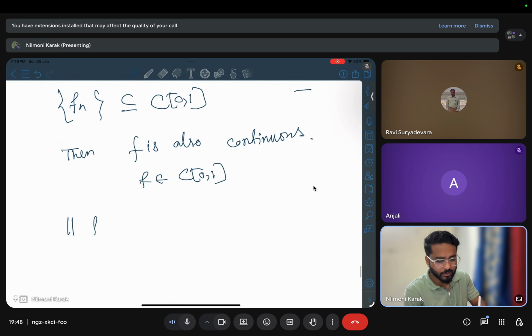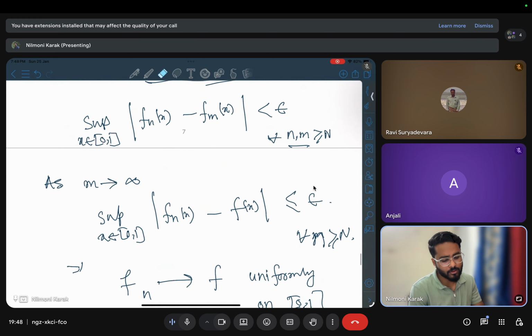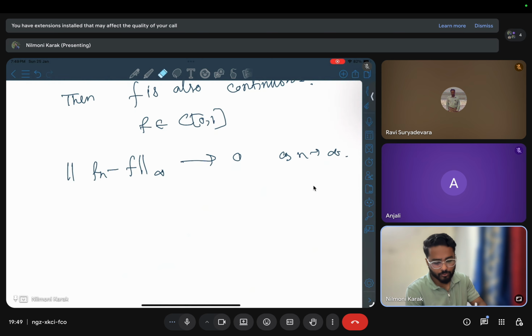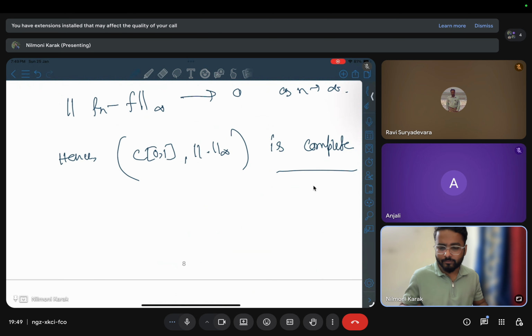So finally we are getting that the norm of f_n minus f goes to 0 as n tends to infinity. So you are getting f is in C[0,1], hence C[0,1] is complete. I think you got it, right?